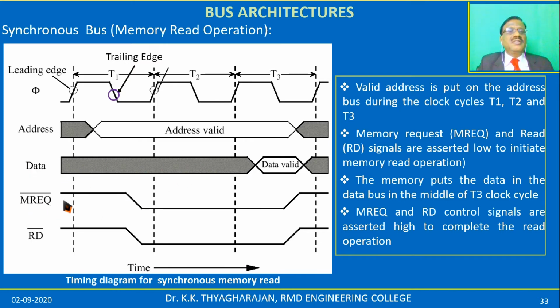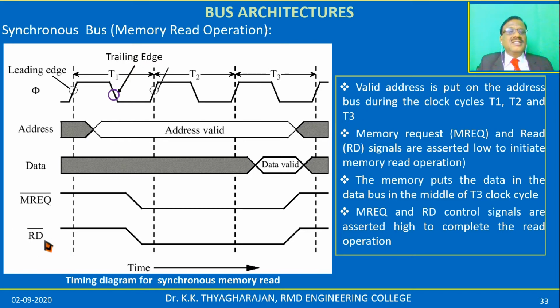Here, this line indicates a single control signal. Since it is a memory request, it is a control signal. And this signal is an active low signal. That means the memory request will work during this low period.